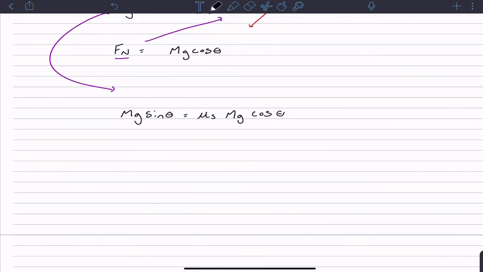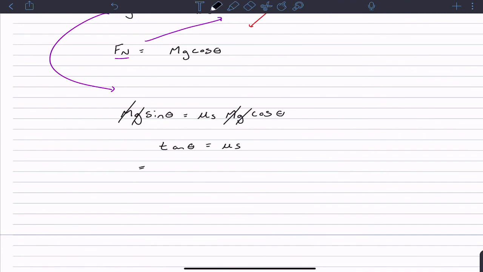So what cancels out? Well, the mg cancels, and we are left with sine theta equals mu s cosine theta. Actually, let's do it a different way. Tangent theta is equal to mu s. That speeds things up quite a bit.